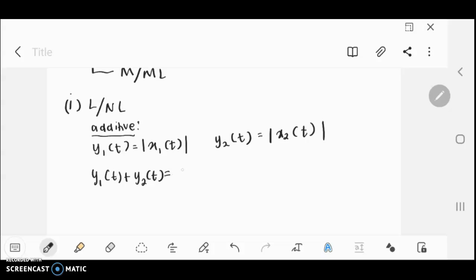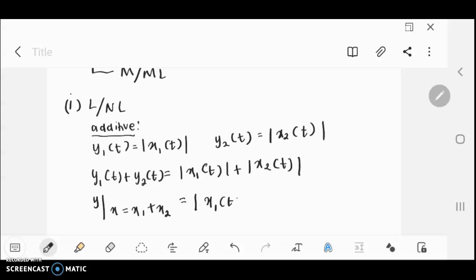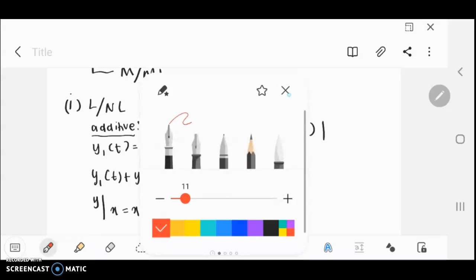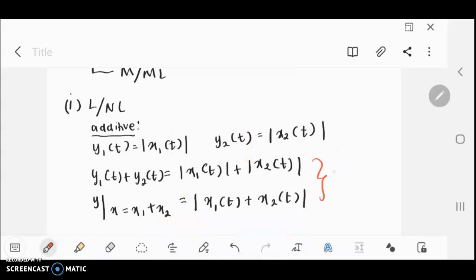We will get x1(t) plus x2(t). Okay, for the other one, when we add the inputs first, x1 plus x2 equal to x1(t) plus x2(t). So as we can see here, both of these are not equal.